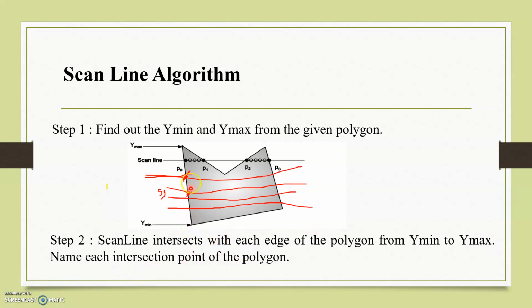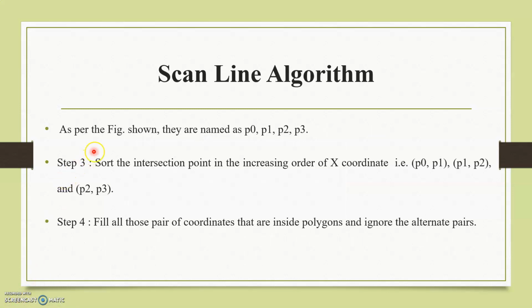From y-min to y-max you have to consider a number of scanlines and find out how many intersection points and how many pairs you are getting. As per the figure shown, they are named P0, P1, P2, P3. These are the intersection points of the scanline with the polygon. In the third step, you have to sort the intersection points in increasing order of x coordinate.